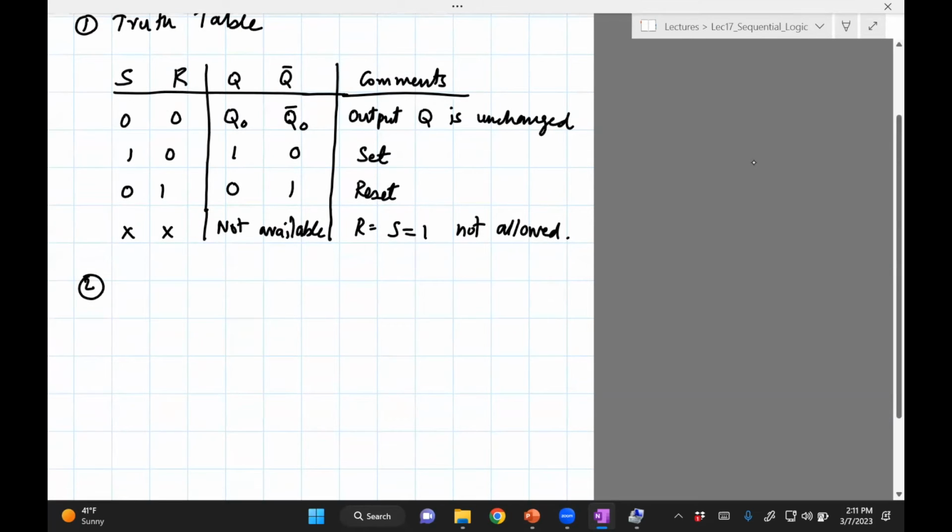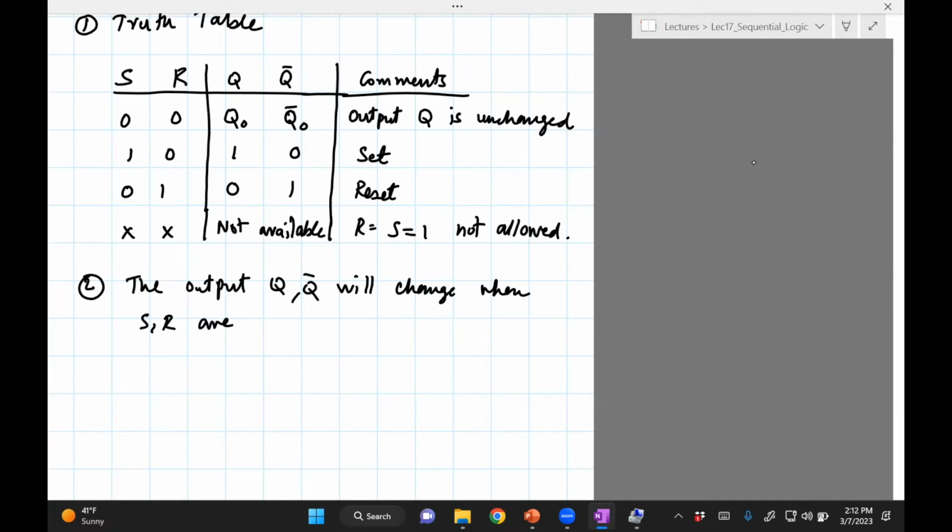So the outputs Q and Q bar will change when S and R are changed only when the clock has the correct trigger.